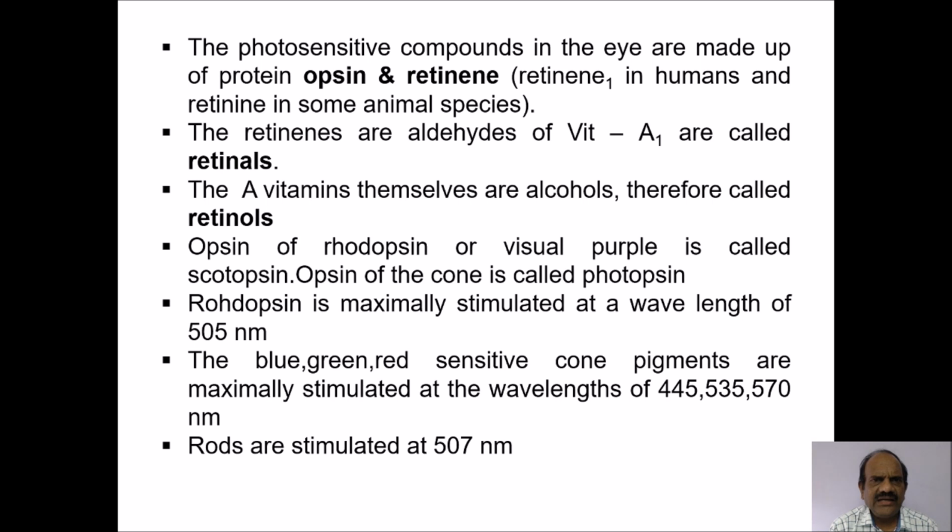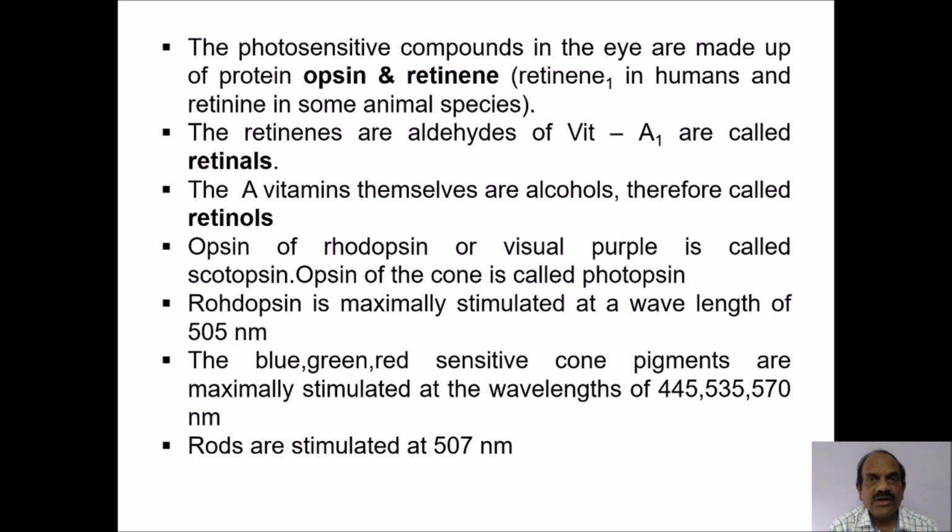The retinenes are aldehydes of vitamin A1 and are called retinals. The A vitamins themselves are also alcohols, therefore called retinols. The opsin of rhodopsin, or visual purple, is called scotopsin. The opsin of the cone is called photopsin. Rhodopsin is maximally stimulated at a wavelength of 505 nanometers.